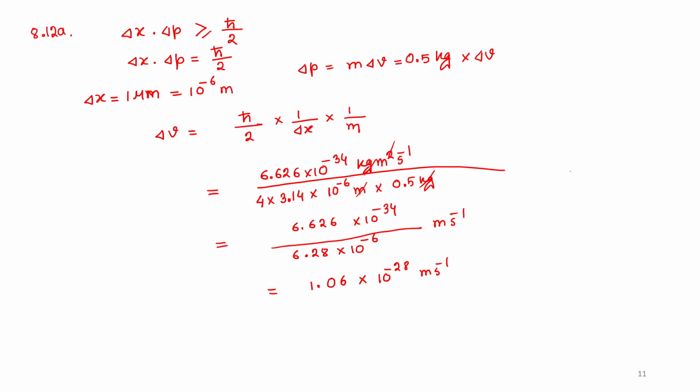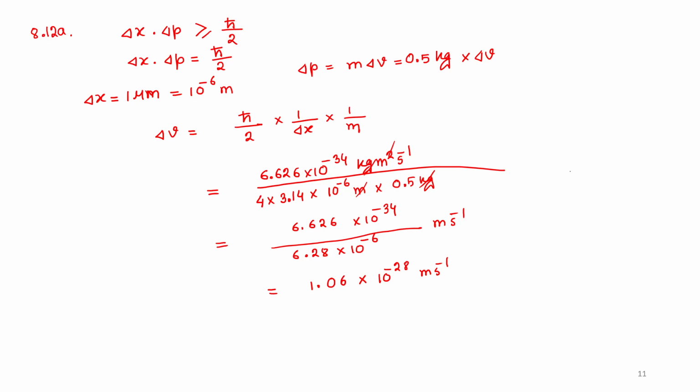So as you can see, the uncertainty is very, very small. Why so? Can you tell me why the uncertainty is very small, even the uncertainty in position is also small? Because we are dealing with a macroscopic object, macroscopic particles, because the mass is very high.